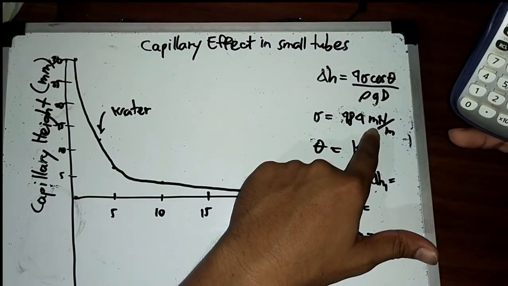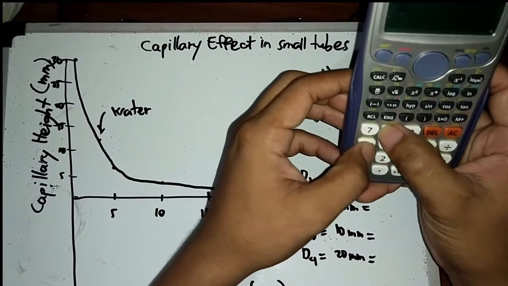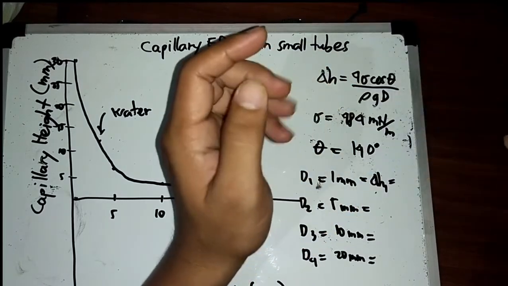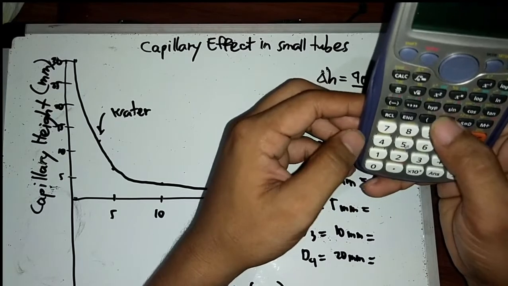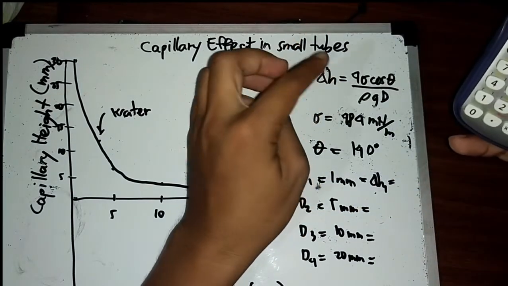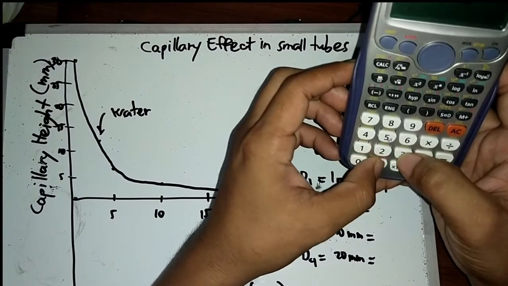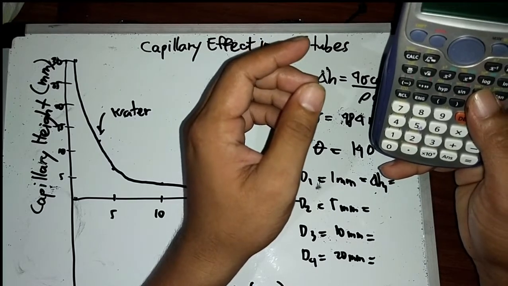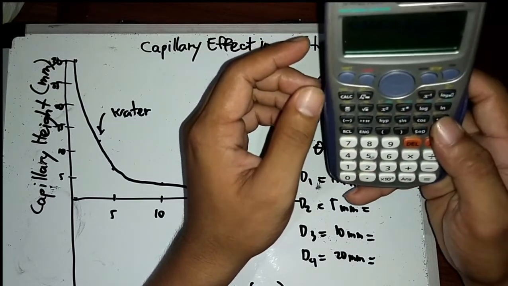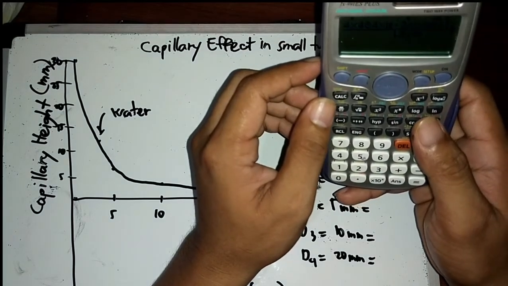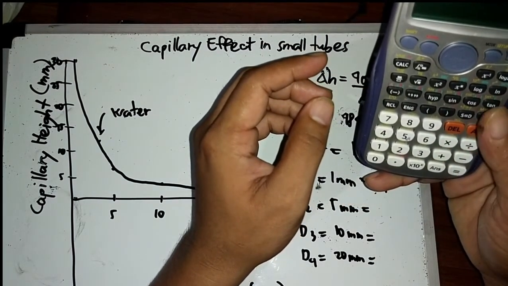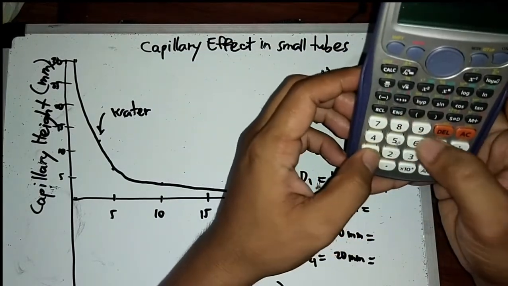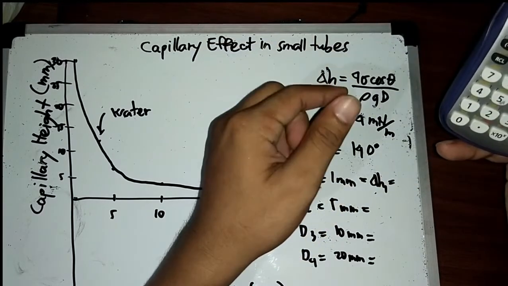We'll convert this into Newton per meter, so 484 times 10 to the negative 3, times cosine theta, where theta is 140 degrees, divided by rho, the density of mercury, 13.6 times 10 to the power of 3 kilogram per cubic meter, times 9.81 times the diameter.